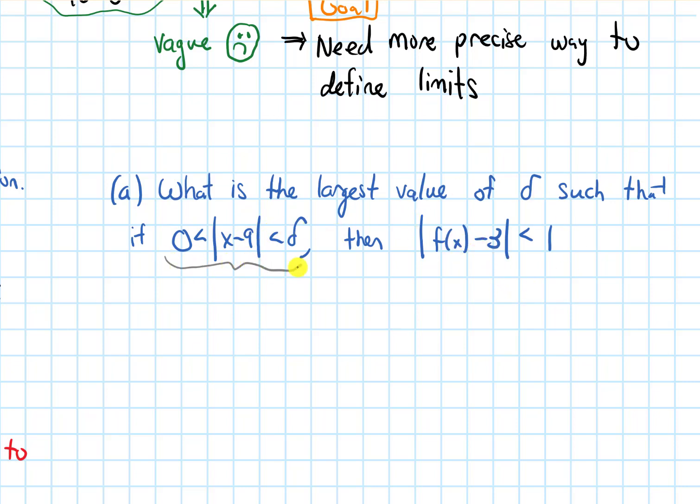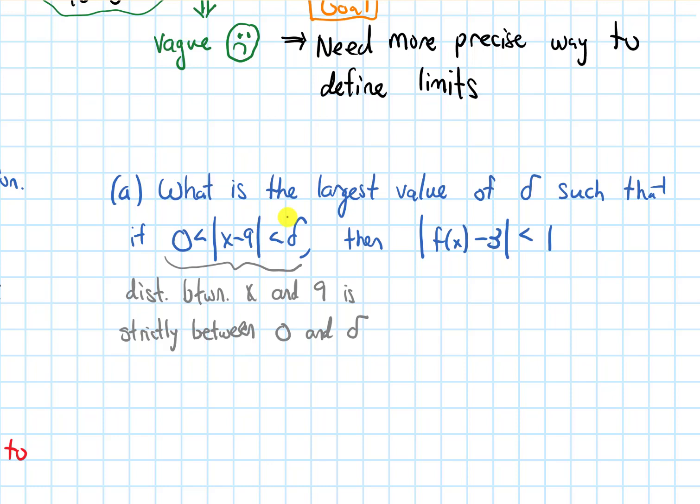This first inequality chain is saying that the distance between x and 9 is strictly between 0 and delta.